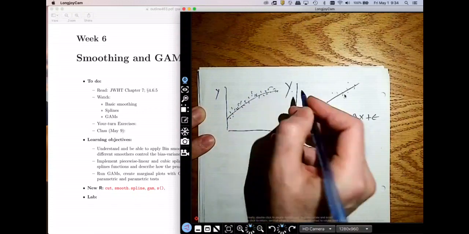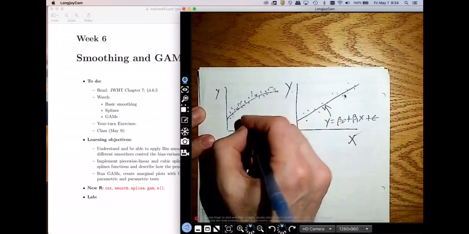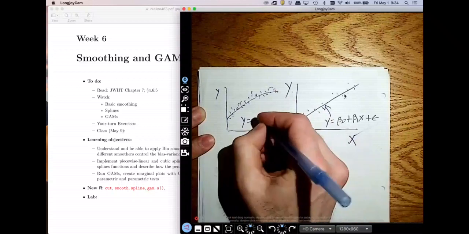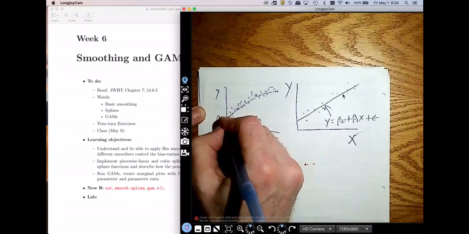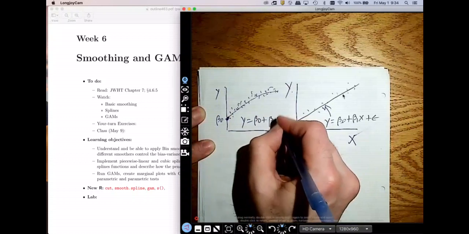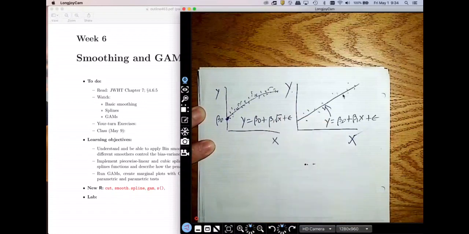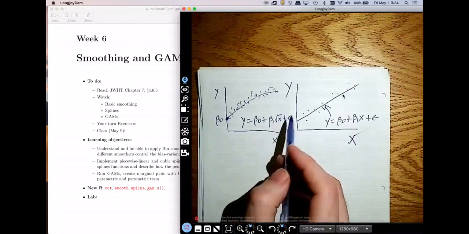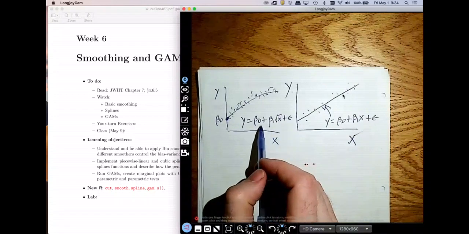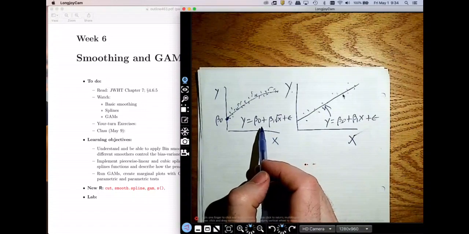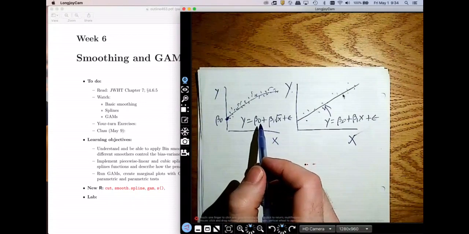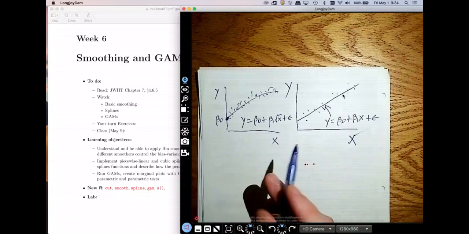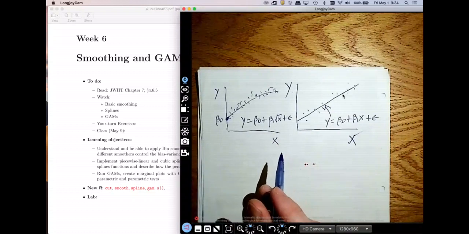So maybe I take a transformation of x, and I say, well, y is equal to some intercept, so I'll give myself a little offset here, plus beta 1 times the square root of x, and then I've got my errors. All right, so again, I have a functional representation of this involving just a small number of parameters that I can go estimate with least squares. That's parametric regression. What is non-parametric regression?